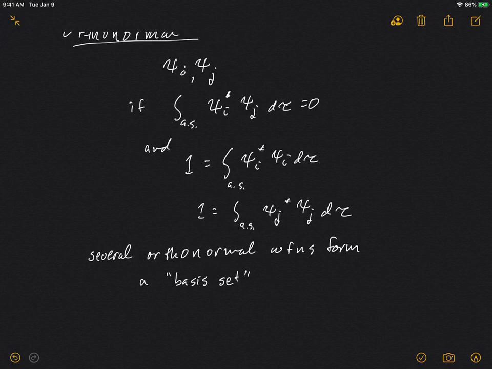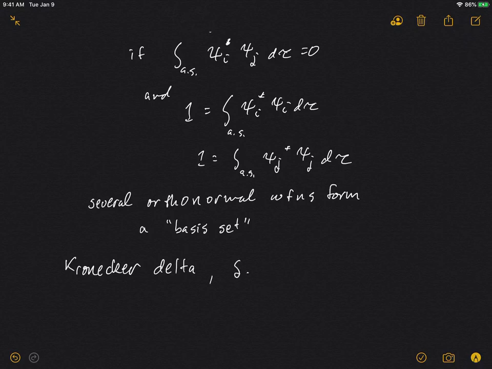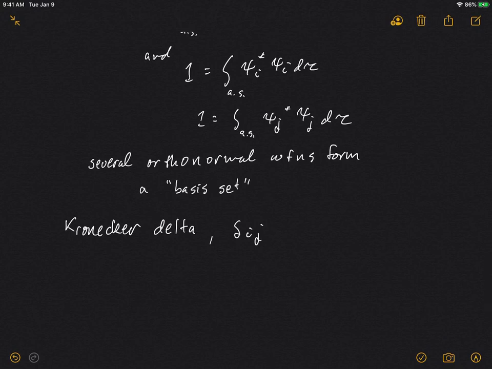Okay, then one final thing, let's introduce something called a Kronecker delta. And this is delta ij. It's a way of combining the orthogonality and the normality together in one expression.